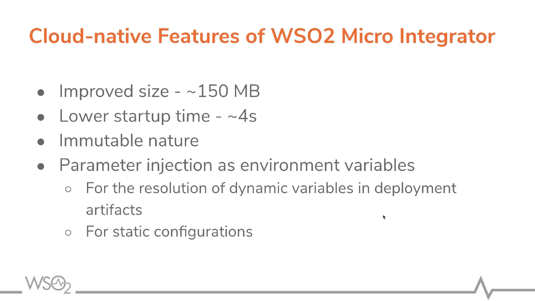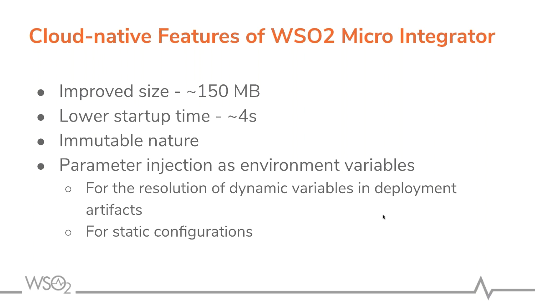Also, in the cloud native environment, what is expected is for the products to be immutable. That is once again because, as I told you earlier, we have identified that there are issues when rolling updates and things like that are happening in multiple environments. Another thing is we have introduced a feature called parameter injection as environment variables.